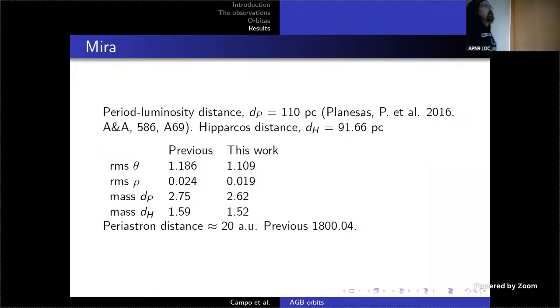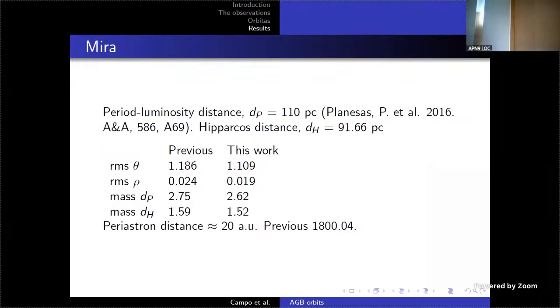And with the Hipparcos distance that we have, and with a distance based on the period-luminosity relationship, we get these values for the systemic masses: 1.52 for the Hipparcos distance, and 2.62 for the period-luminosity distance.